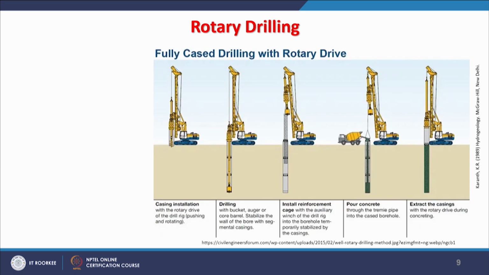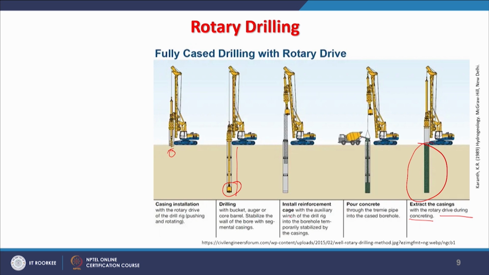So, these air rotary methods are more efficient and can drill a larger hole at high speed. Now, fully cased drilling with rotary drive is done like here. At the end, on the right side, it says to extract the casing with the rotary drive during concreting. That is the final stage. Initially the drilling starts from here, it goes deeper as the drilling bit moves ahead, and then casing starts.